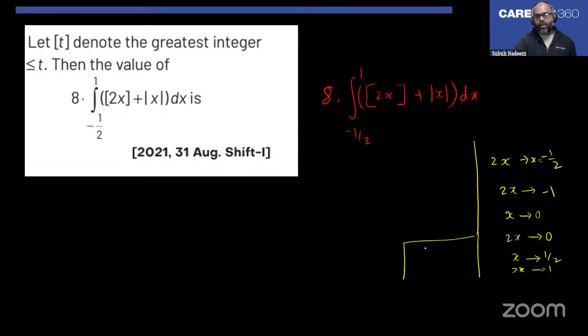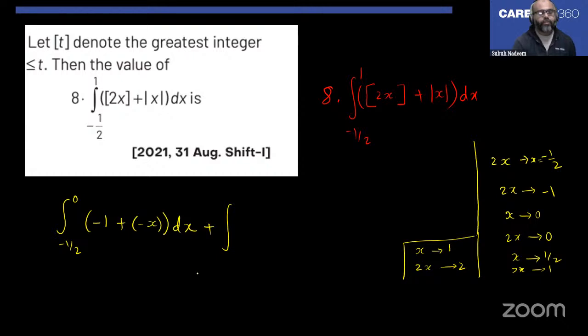Similarly, if x is 1, 2x is 2. So we can split it from minus half to 0. Throughout minus half to 0, 2x will be between minus 1 to 0, and the greatest integer will be minus 1. And mod will be minus x, because x is negative, dx.